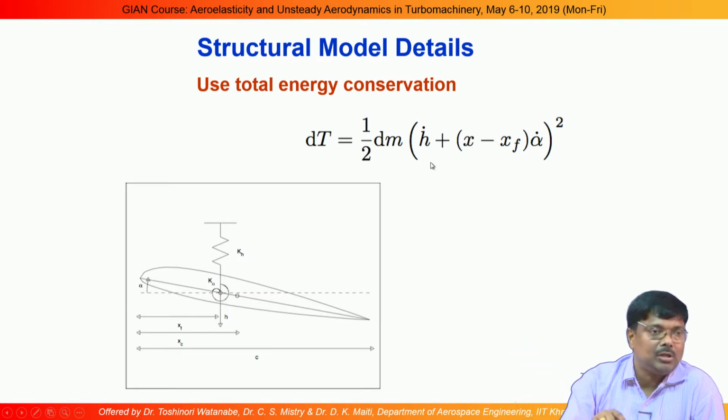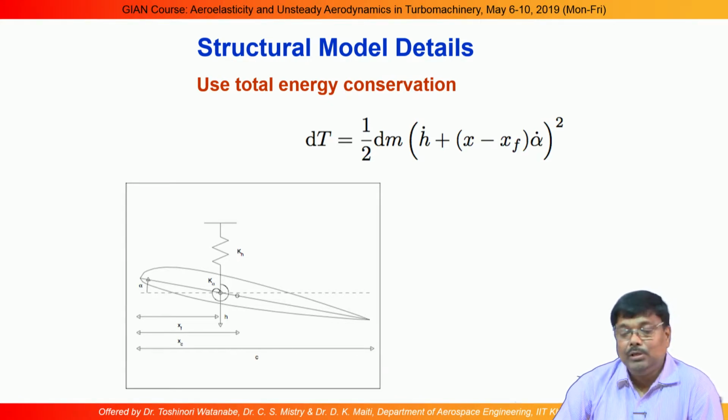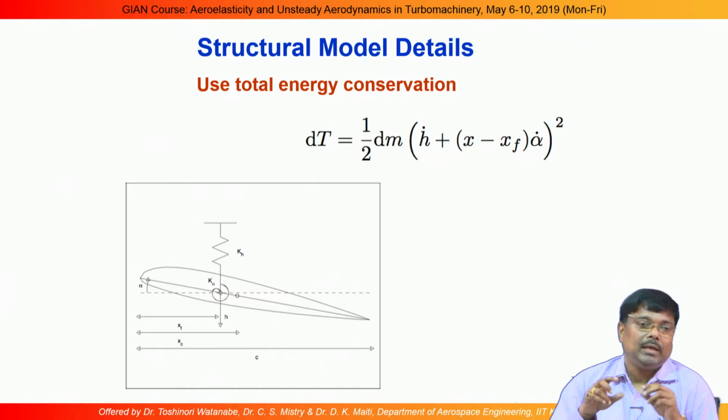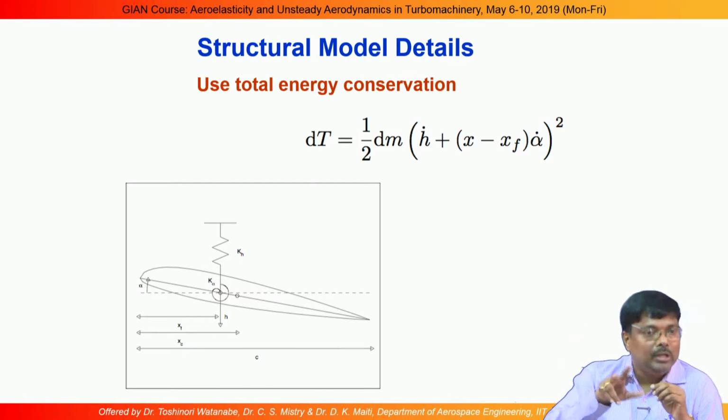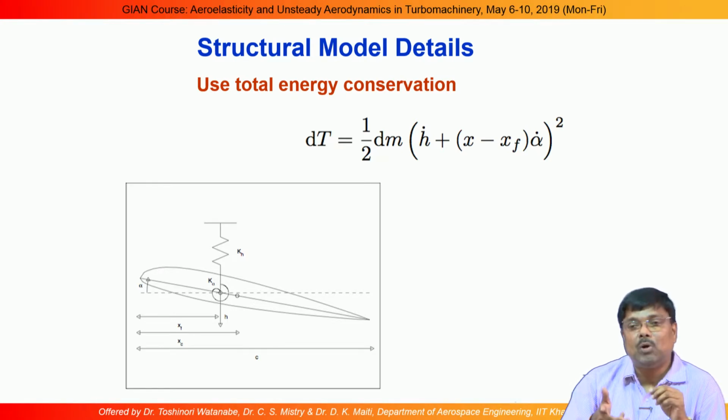So, h dot plus x minus xf into alpha dot, because in the earlier case it was only rotating, but in this case it is rotating plus deforming also, bending deformation is also there.